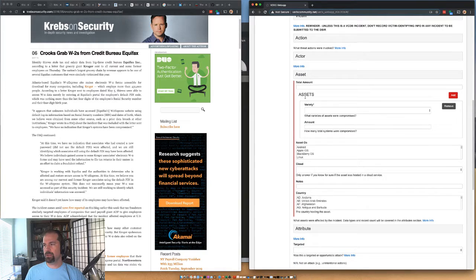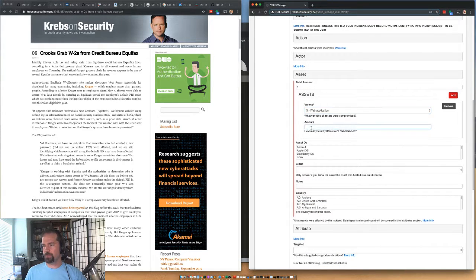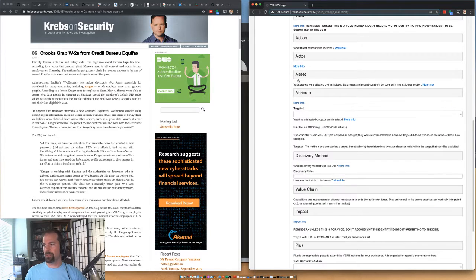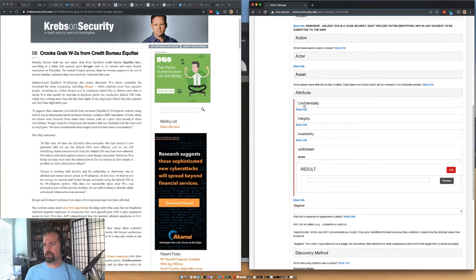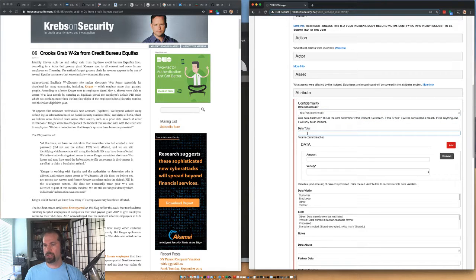The asset sounded like it was a single web app. So server, web application. We really don't know the rest of the information. We don't know what kind of asset it was. And finally, the attribute was confidentiality, disclosure, totals.